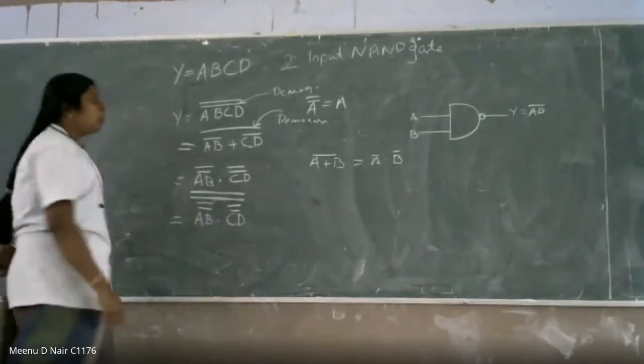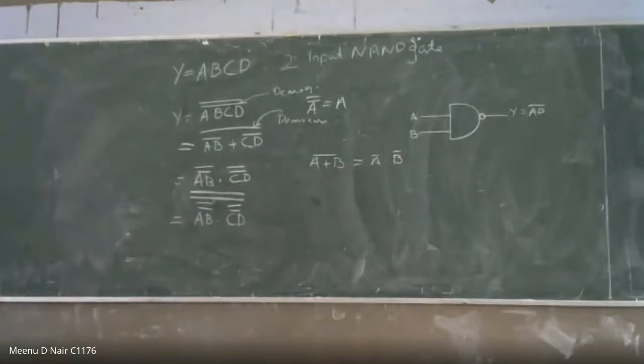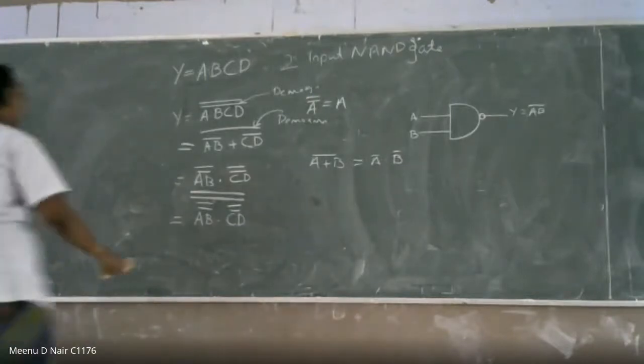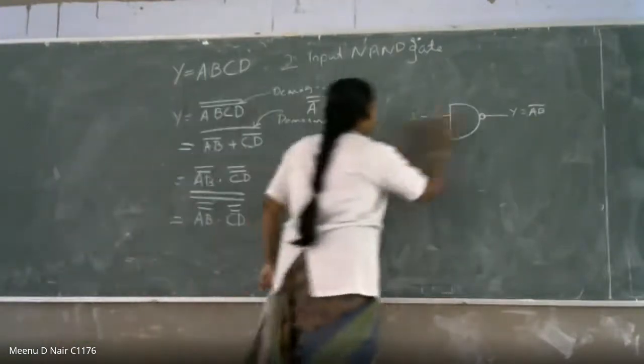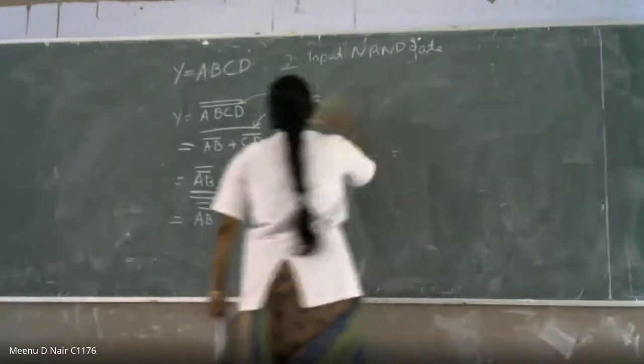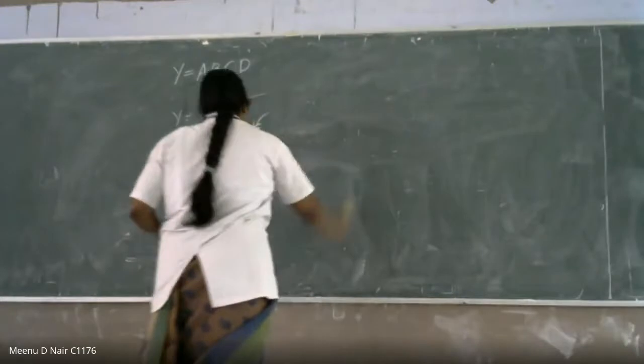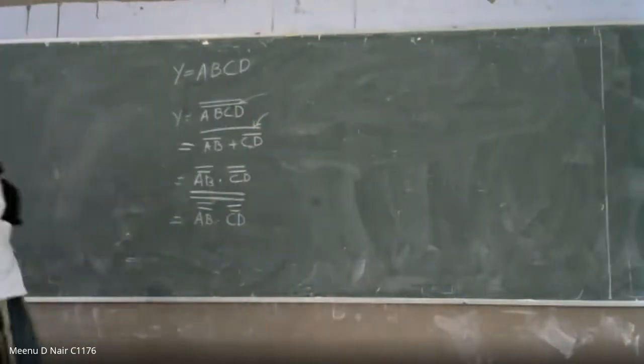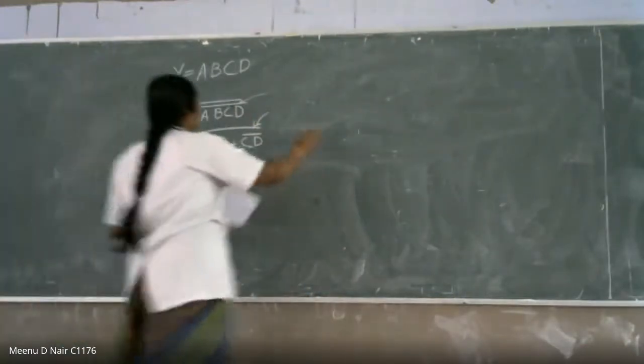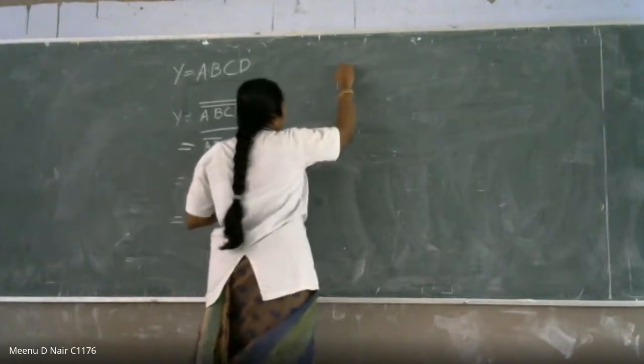Now we are going to draw the circuit diagram. First you are using two NAND gates.